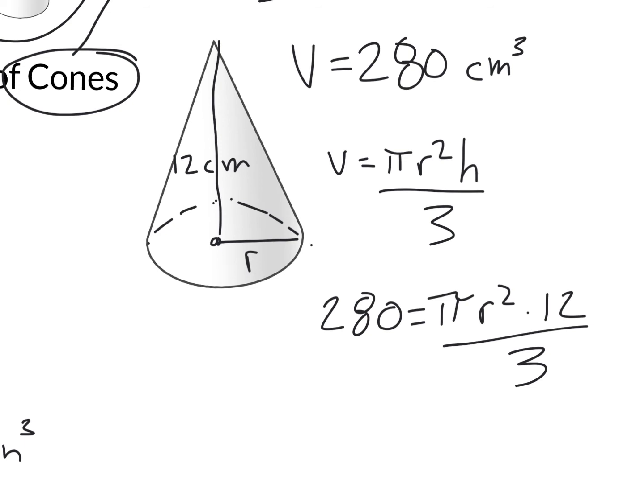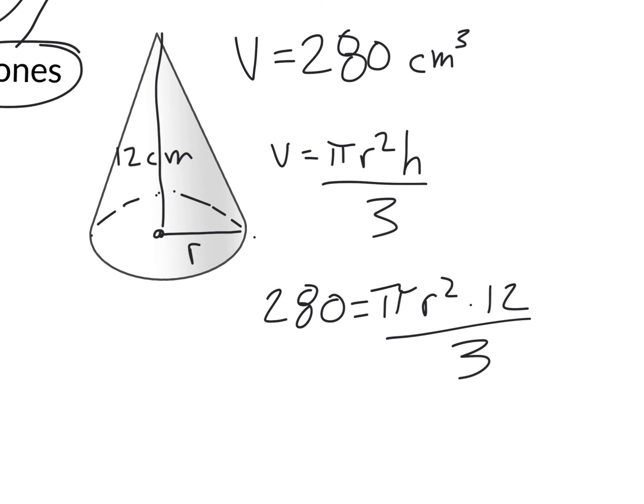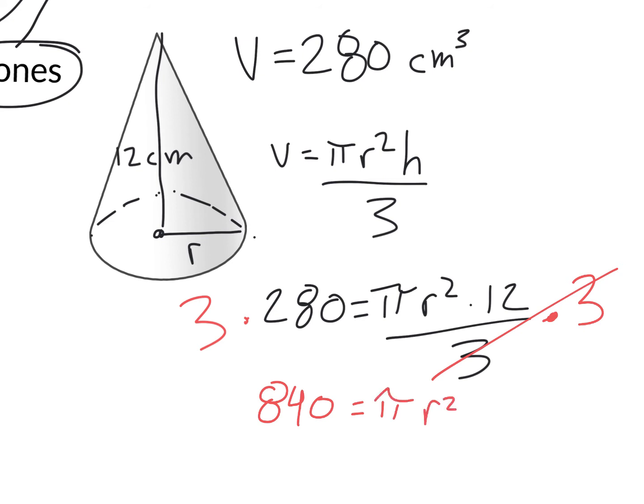But really what we can do to make it go away is right away multiply that 3 on both sides, and that 3 disappears. So now I have 3 times 280 on the left, which gives me 840, and that's equal to pi times the radius squared times 12.